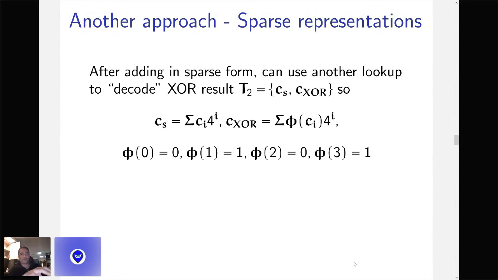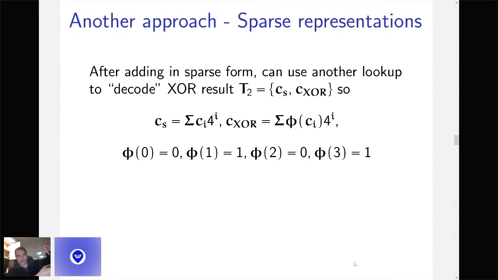If we look at the addition result, then if the coefficient of the power of 4 is either 1 or 3, it exactly means the bitwise XOR is 1.